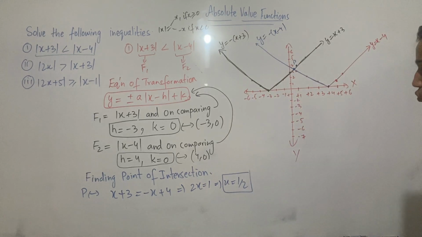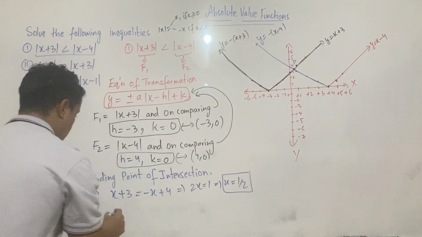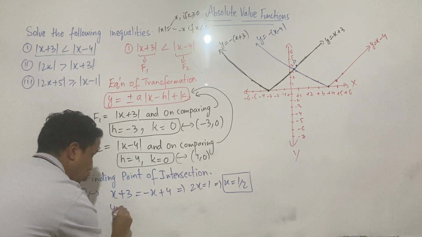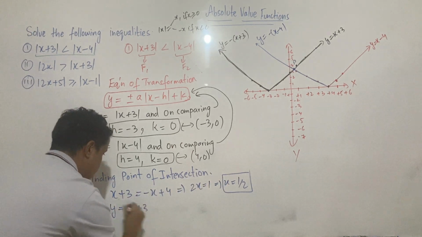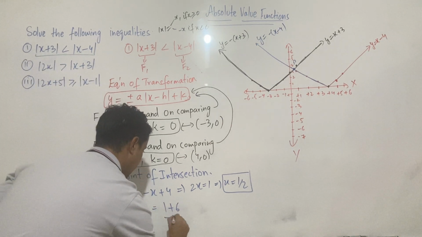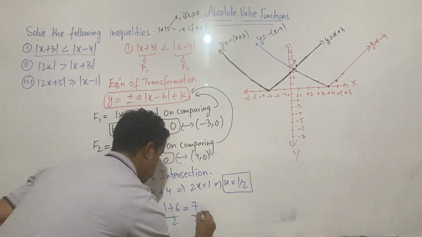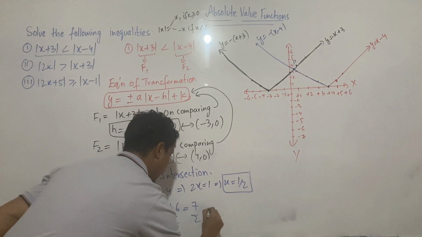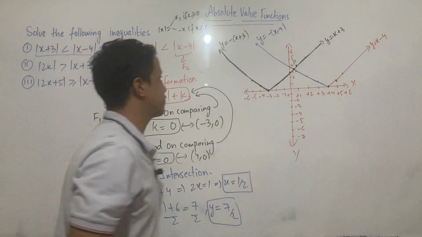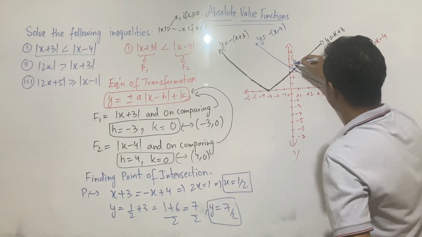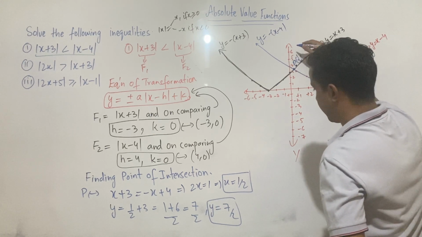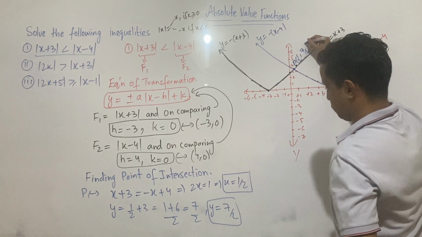If you put x in, y equals 1 by 2 plus 3, so it's going to be 1 plus 6 by 2, which means 7 by 2. So y is going to be 7 by 2, which is 3.5. So point P will have coordinates 1 by 2 and 7 by 2.